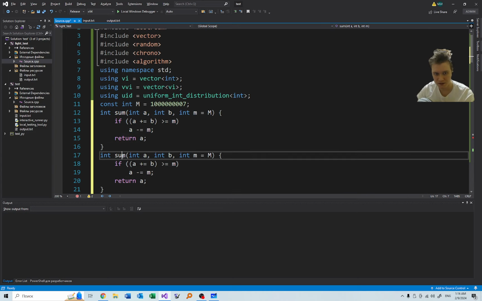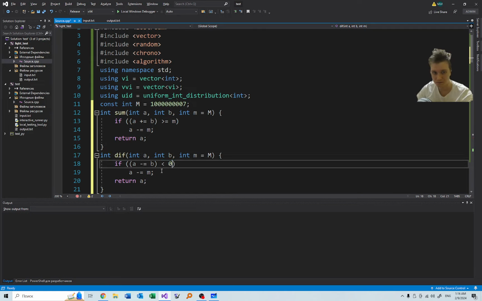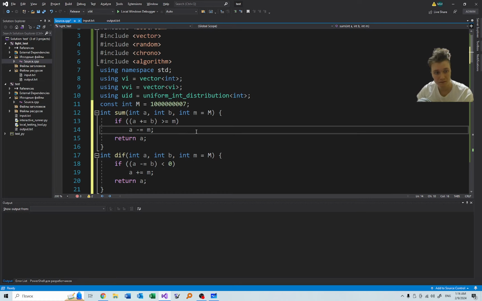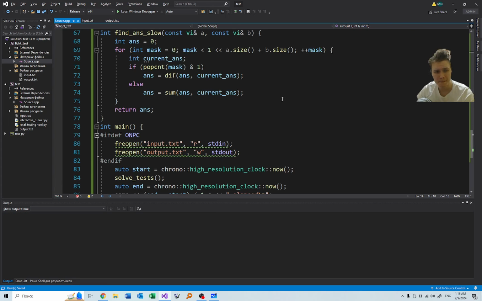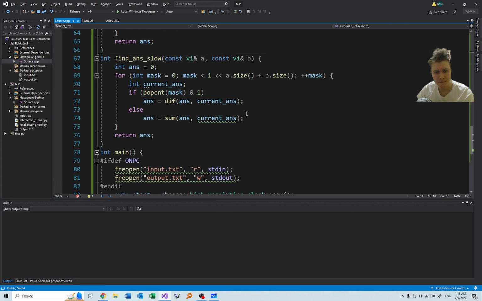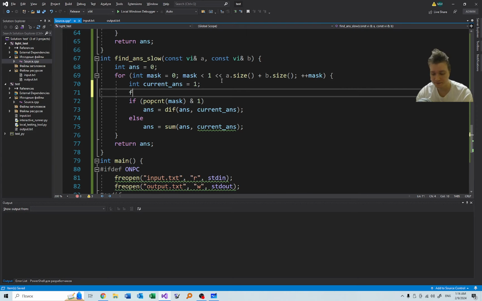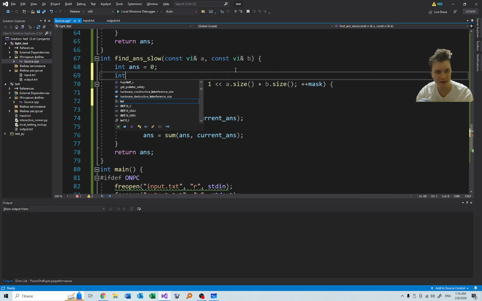Sum and diff. Nice. So here we will calculate the answer. To do that, we go through all elements. Let's actually call n and m.